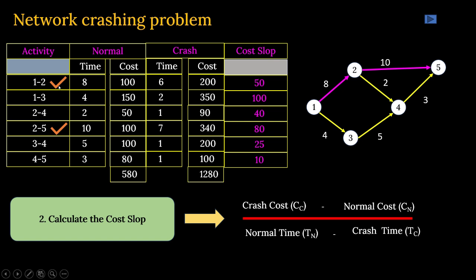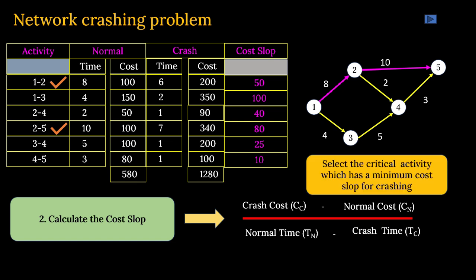In this case, we are having two critical activities, 1 to 2 and 2 to 5. What is the corresponding cost slope? 50 and 80. Now we have to find out which one is less and number them accordingly. So select the critical activity which has a minimum cost slope for crashing.